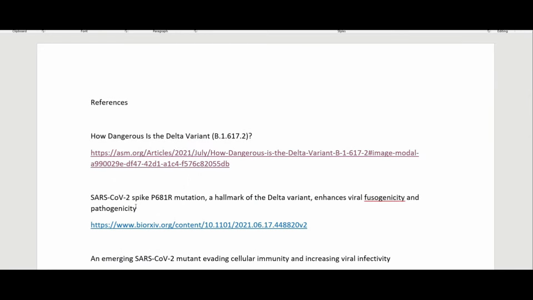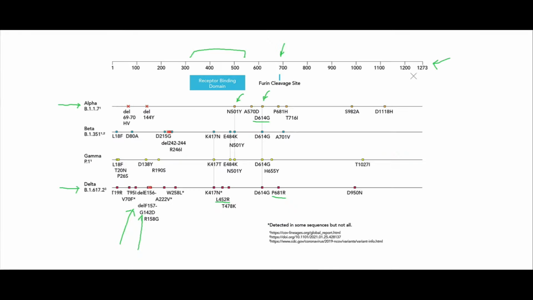Essentially, what that is: we have a cell here that is infected by the virus, and when it's infected, it will start expressing spike proteins on the surface of the cell. Then you have another cell, which is not necessarily infected. I'll put nuclei in here because that will be important in a second.